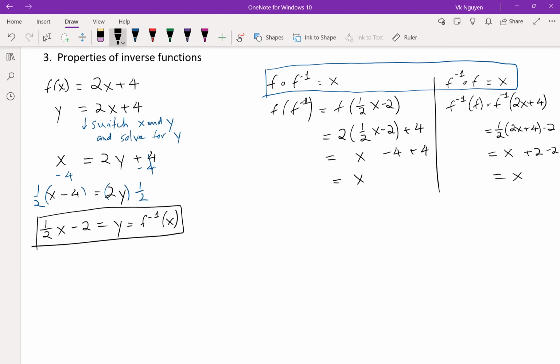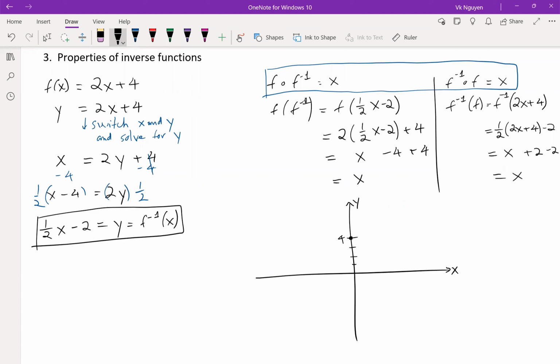The second property comes from the graph of these two. So let's graph them. X, y. F(x) is 2x plus 4. First point is the y-intercept, 4.